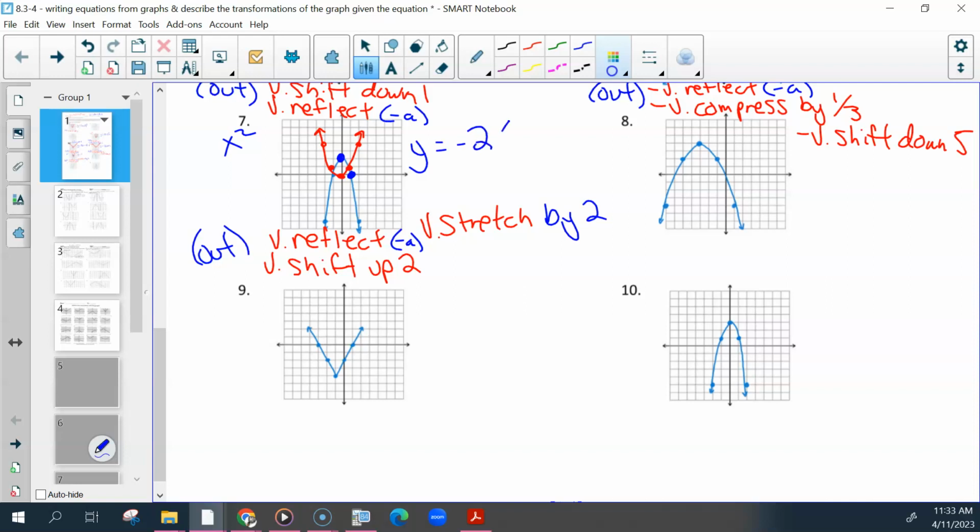So -2. Then you can either write this with just x in the parentheses, because we don't have horizontal, or without the parentheses. Either or.